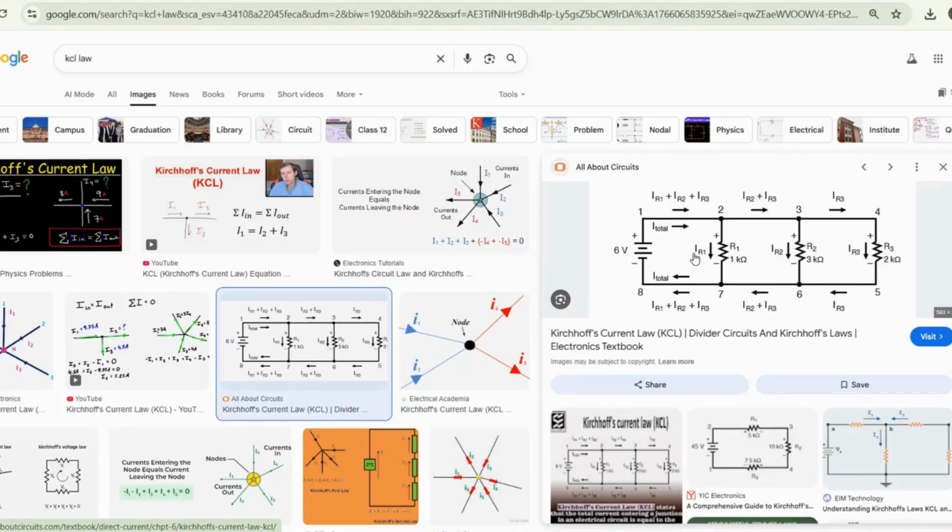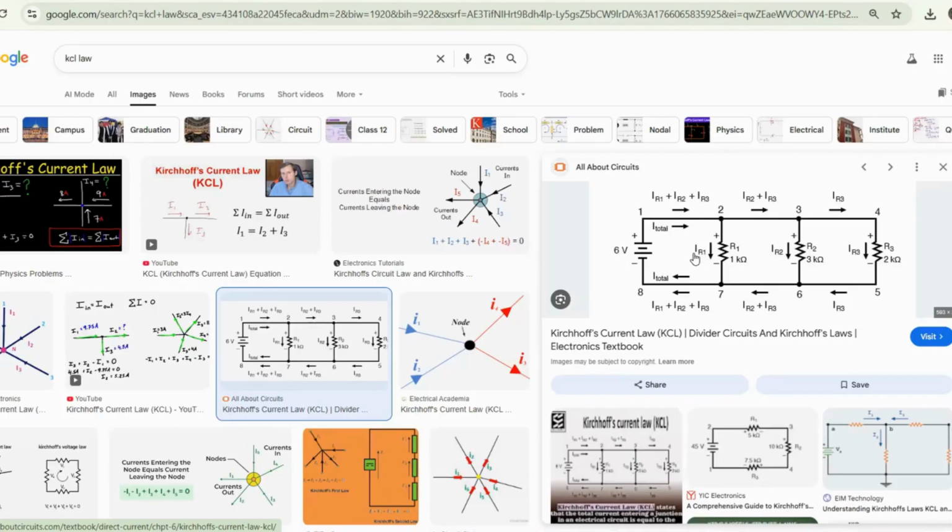What is KVL? Algebraic sum of all the voltages. What is KCL? Algebraic sum of all the currents. KVL is the algebraic sum of all the voltages. It is something like V1 plus V2 plus V3 plus so on equals 0, just like KCL: I1 plus I2 plus I3 plus I4 and so on equals 0.